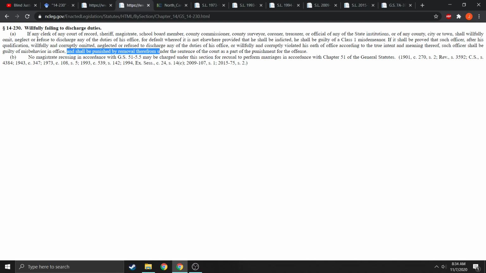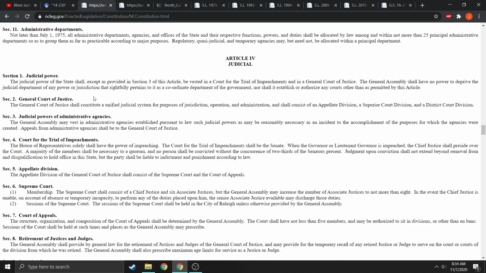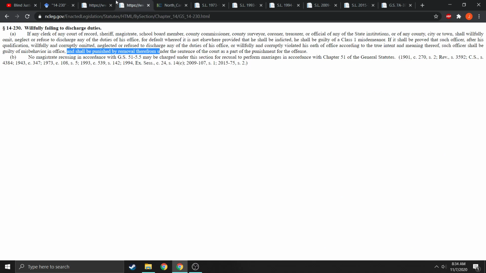If you violate 14-230 and you're convicted of it, you are removed from office. But the only way of doing that prior to 1971 was by impeachment. So this is a criminal law, but this is the only way to do it. So these two are in conflict.